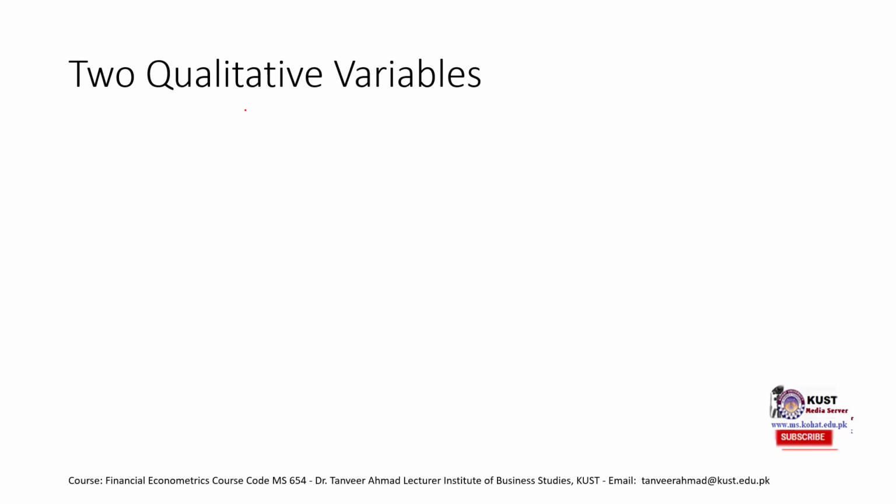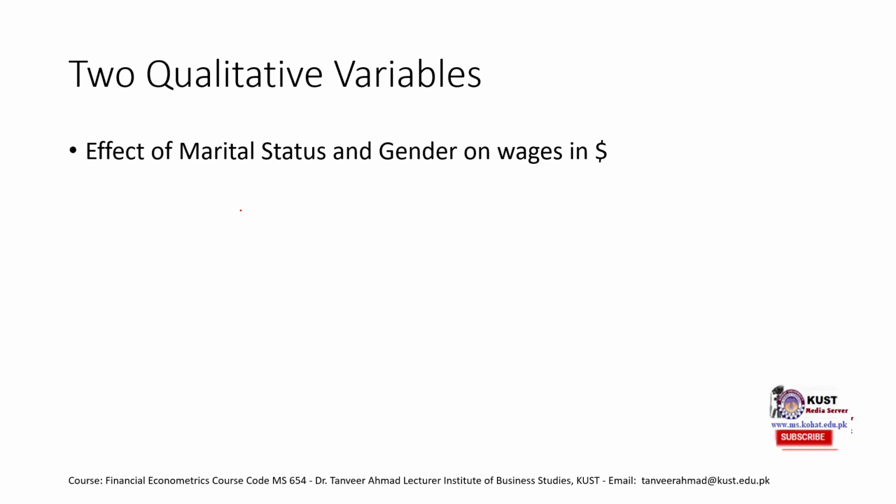So starting with the concept of two qualitative variables. For example, we want to study the effect of marital status, whether a person is married or single, and gender on the wages, and the wages variable is in dollars. So you would have seen that this is our wage variable, which is in dollars.